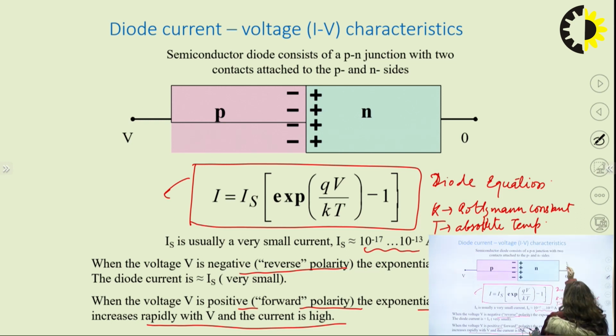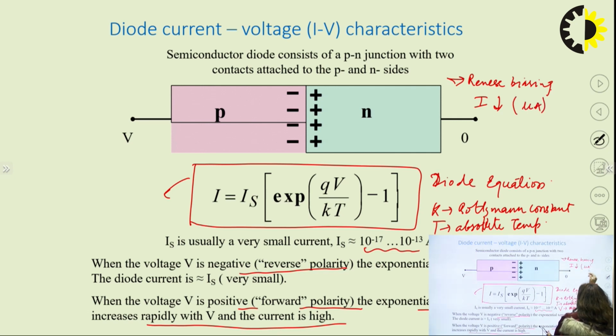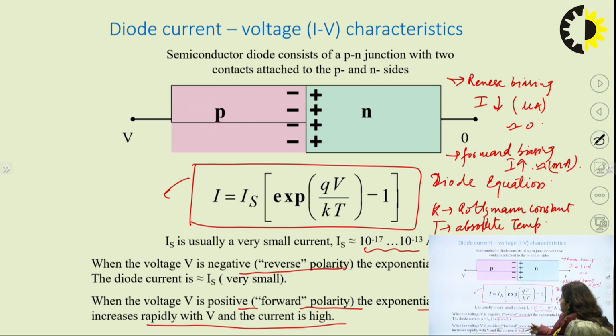So there are two situations. First is reverse biasing, where I is very low, approximately 0. In forward biasing, I is very high, approximately in milliamperes, and it will increase drastically when you exceed the built-in voltage for a particular type of semiconductor.